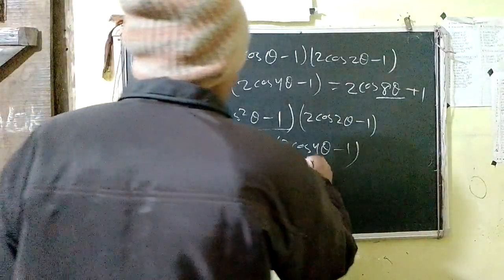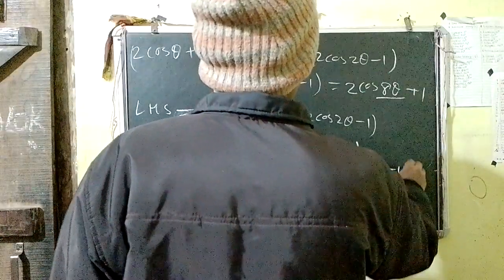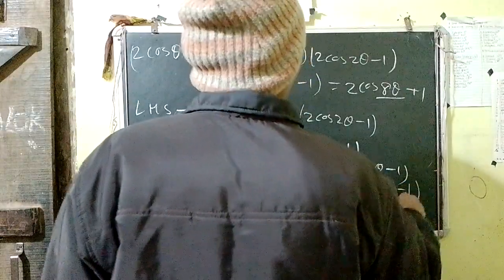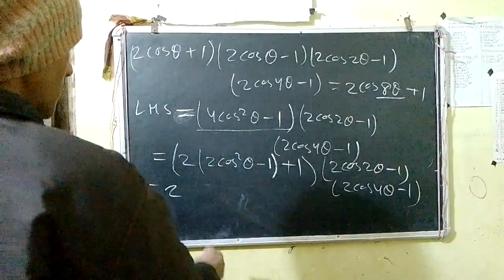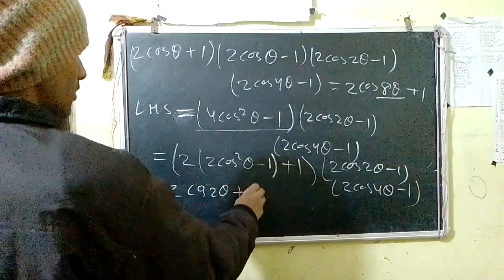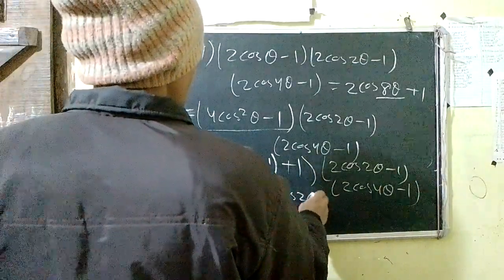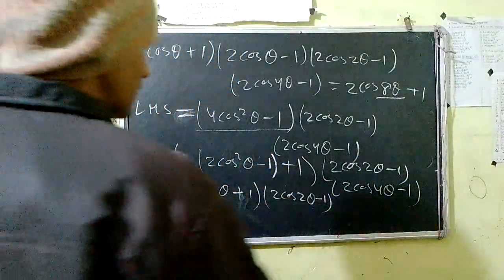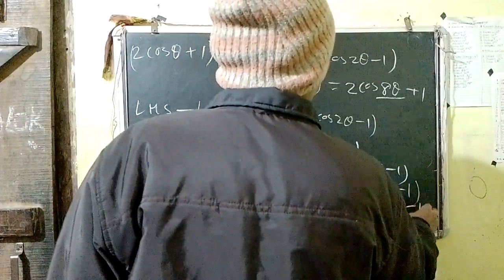Now 2 cosine squared theta minus 1 is cosine 2 theta, then this plus 1 times 2 cosine 2 theta minus 1 times 2 cosine 4 theta minus 1.